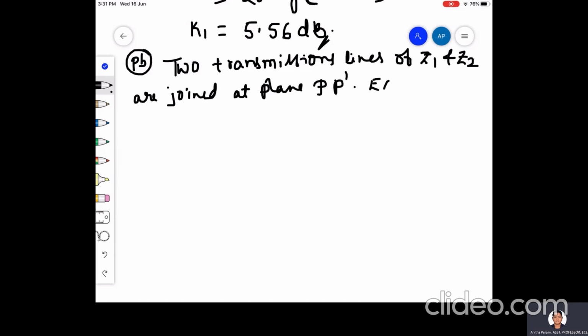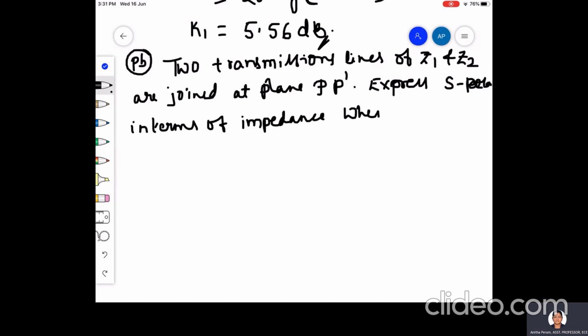What they're asking you to do is express the S parameters in terms of the impedances, and the condition they've specified is when each line is match terminated.